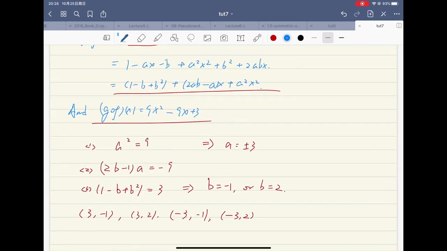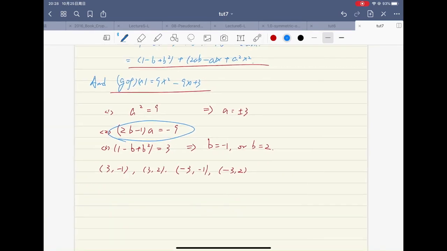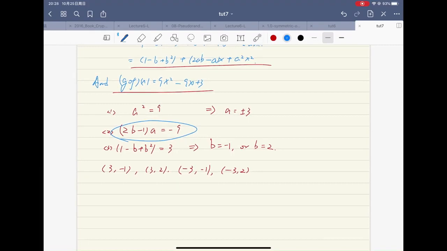We can use equation 2 to verify that. So if we plug in a equals 3, b equals negative 1, we get (2b minus 1) times a equals negative 9. So this one is valid.